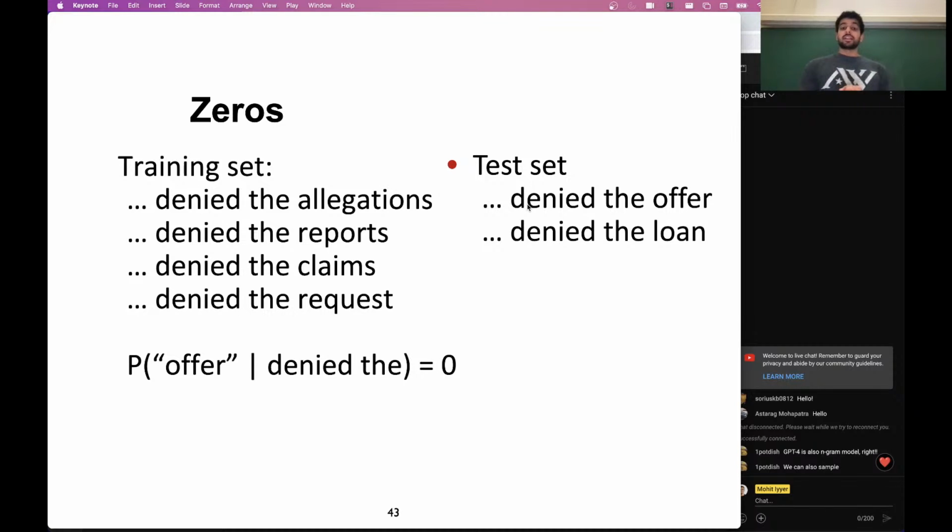But let's say in our test set, we actually have this phrase, "denied the offer." So if we wanted to measure the probability of our test set, like we had a giant article that contains this phrase, the probability of this is 0.